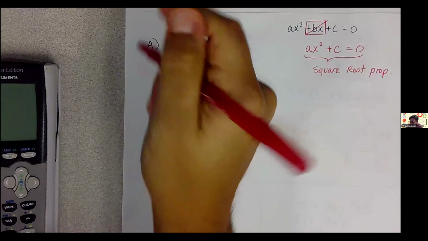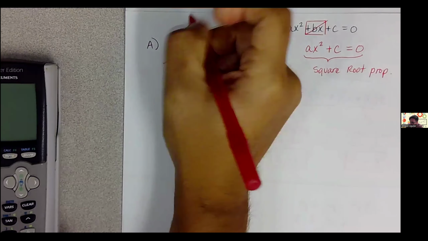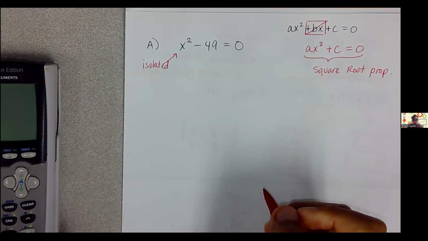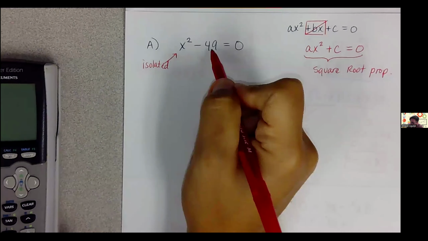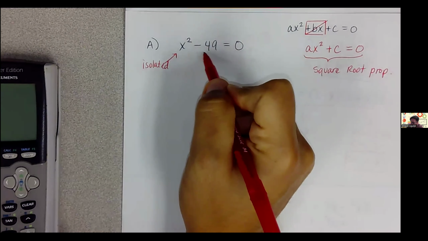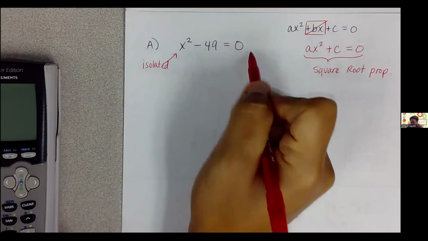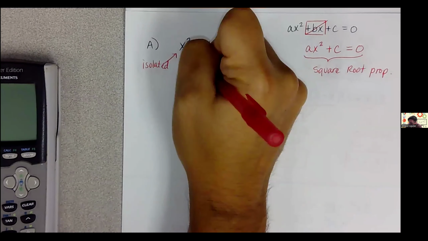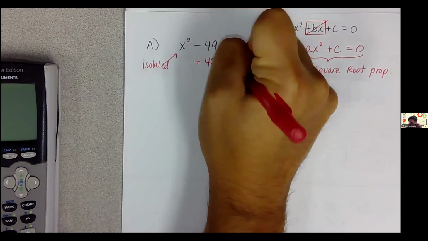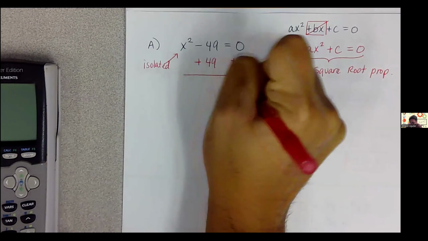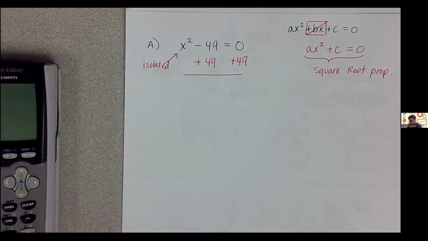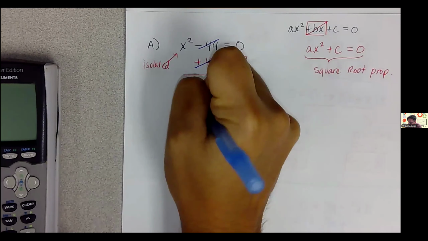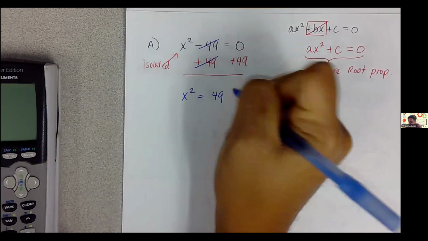So the square root property says, let's try to go ahead and get this term isolated if we can. We want to get x squared by itself. So how do I cancel out the negative 49 to move it over to the other side of the equation? Well, there, we'll go ahead and add 49 to both sides of the equation so that we can cancel out the 49, and now we'll have x squared is equal to 49.